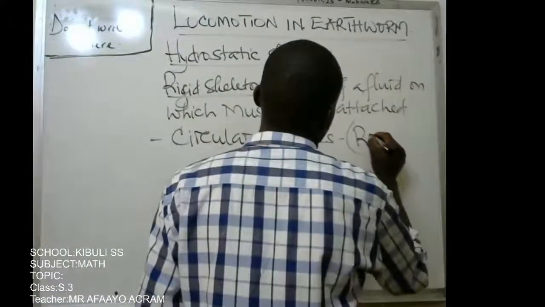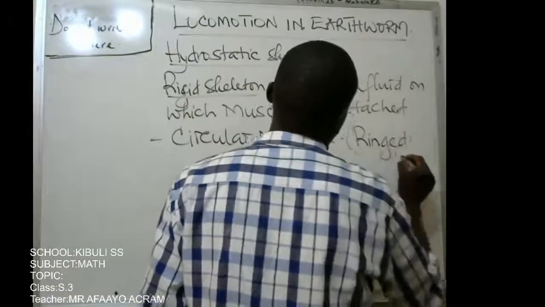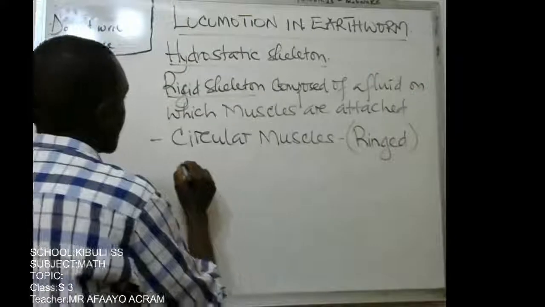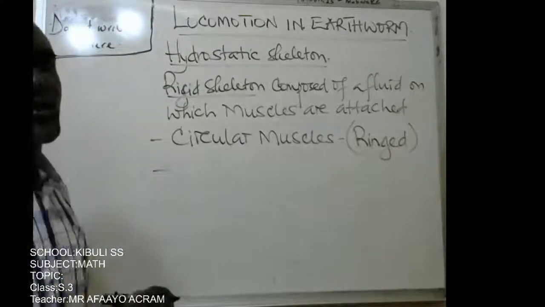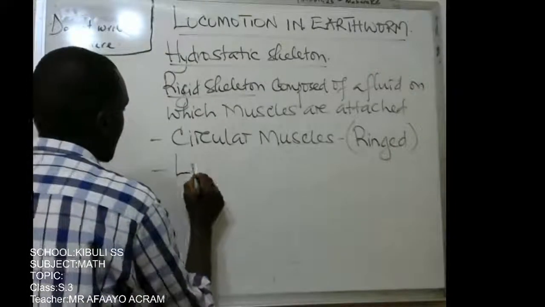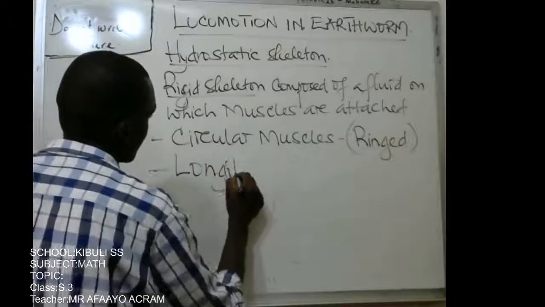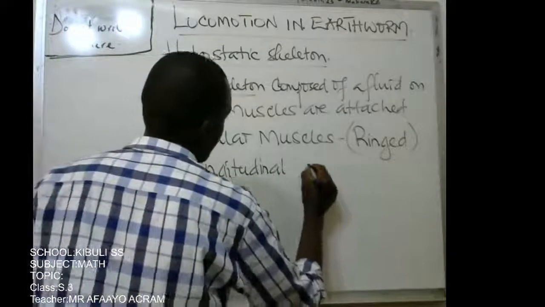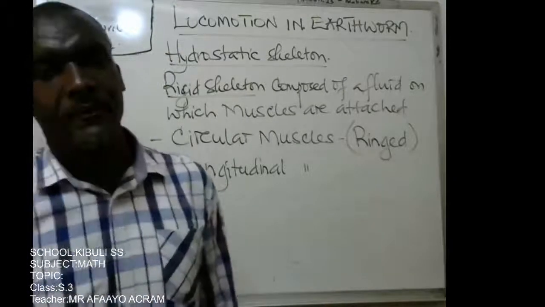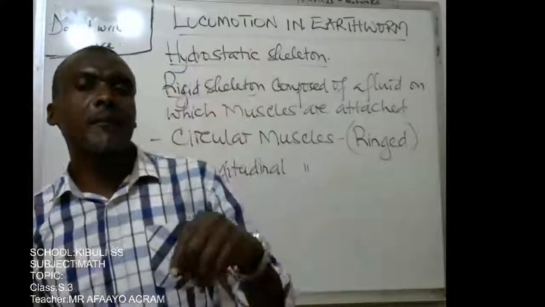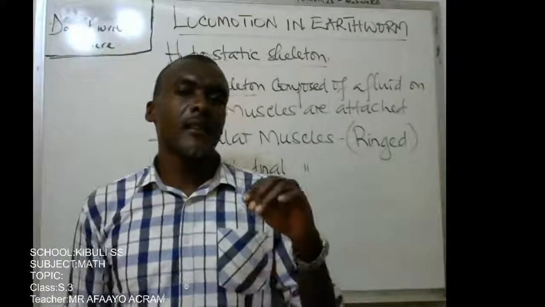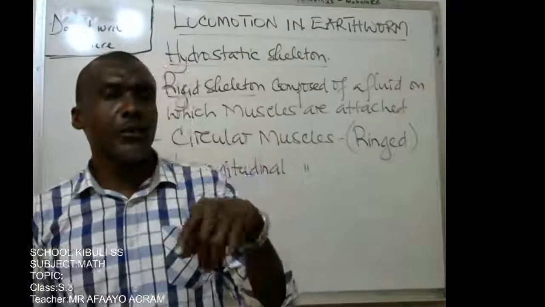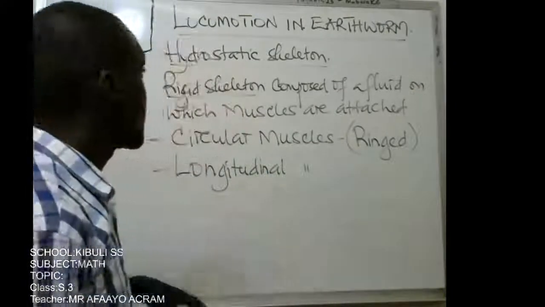The other set of muscles is known as the longitudinal muscles. These arise from the circular muscles and attach onto the rigid fluid.